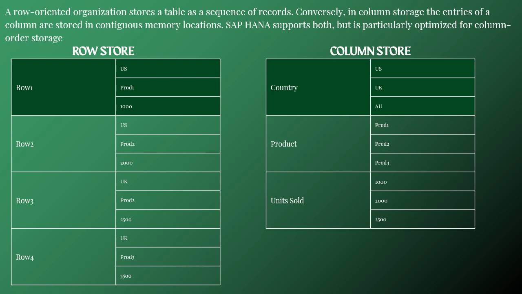The data corresponding to rows 2, 3, 4 will similarly be stored together, with the data of each row being stored together. Whereas in the case of a columnar store, the values corresponding to each column will be stored together. In this case, the country values are US, UK, and Australia in the table entries. So all the unique values will be stored together.